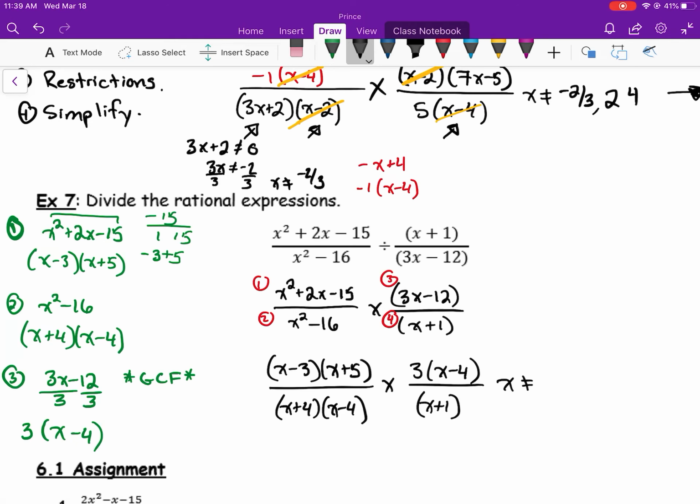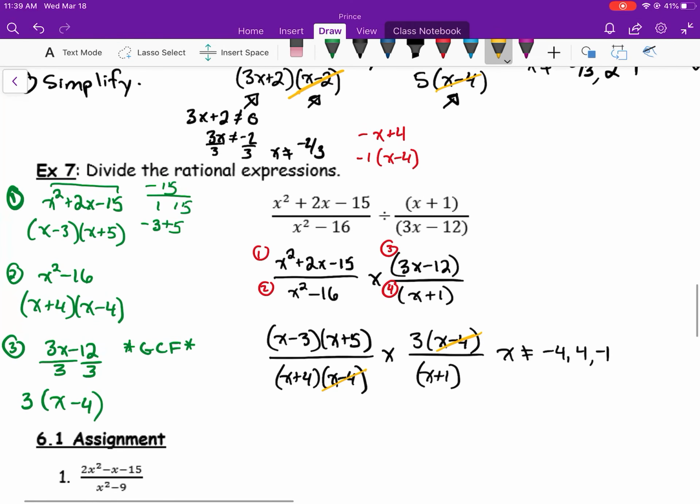Restrictions, x can't equal -4, +4, -1. Let's simplify. X minus 4 with x minus 4. And that's it.